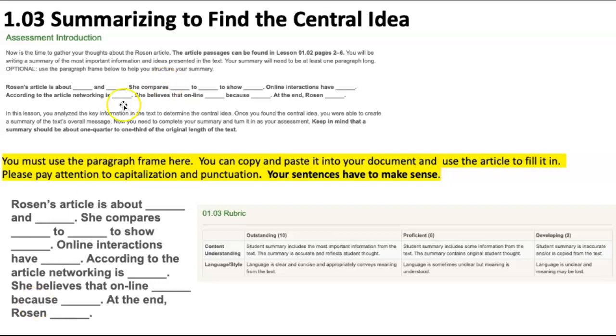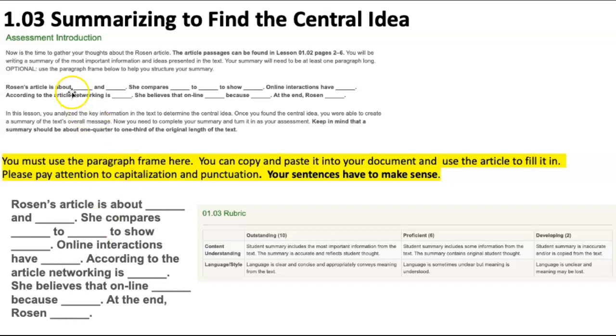In Buzz, you will see this paragraph frame. All you need to do is copy and paste it into a Google Doc or a Microsoft Word doc, whichever is your preference. Then fill in those blanks, and that will give you an idea of what a good summary will be like.